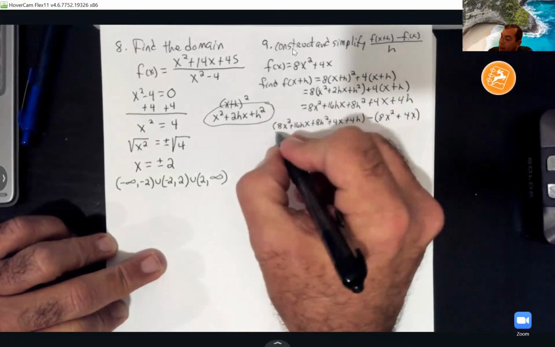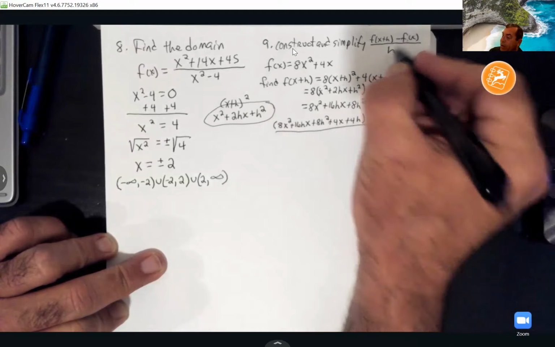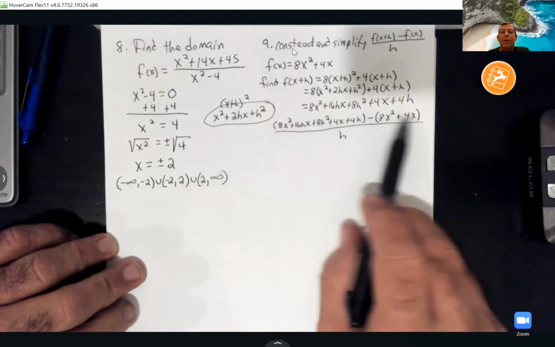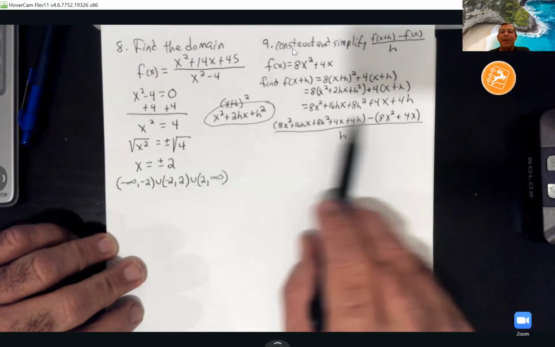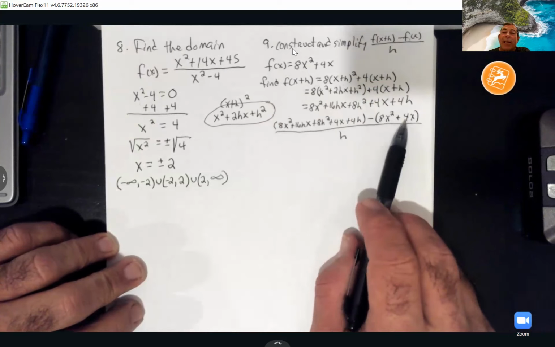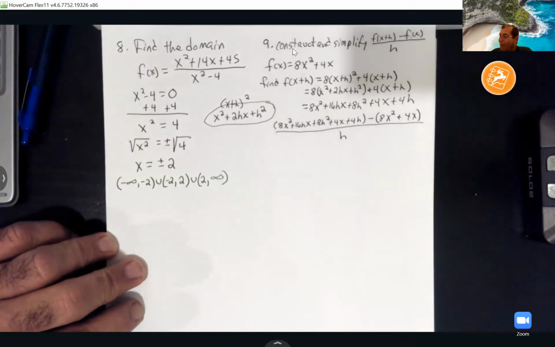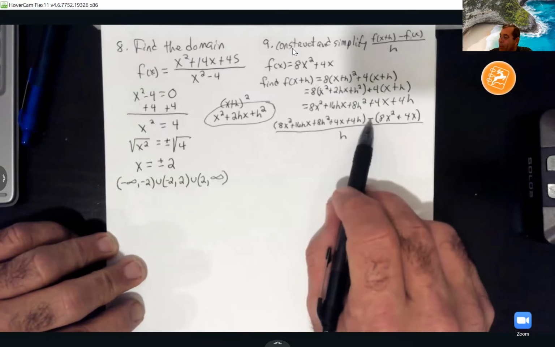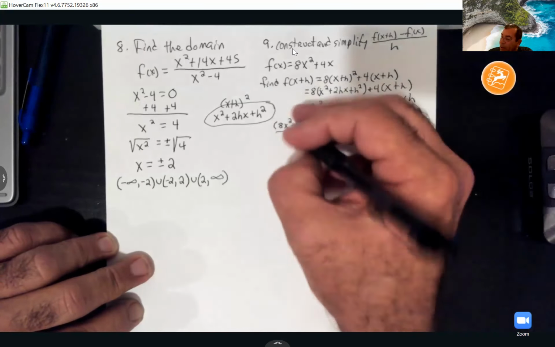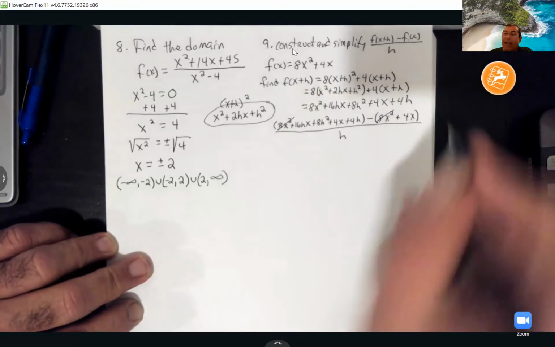And remember, all of this is over the h. So, do y'all remember what happens up here? All this stuff in the second parentheses is going to cancel out. Because look here, we're subtracting 8x squared. Y'all, there's a positive x squared. So the 8x squareds are going to cancel out.